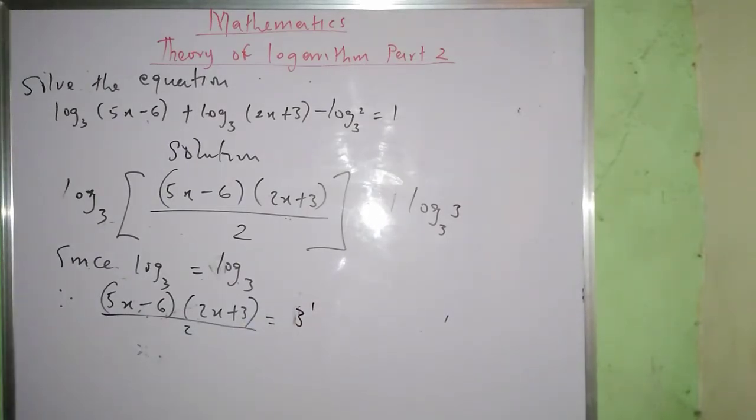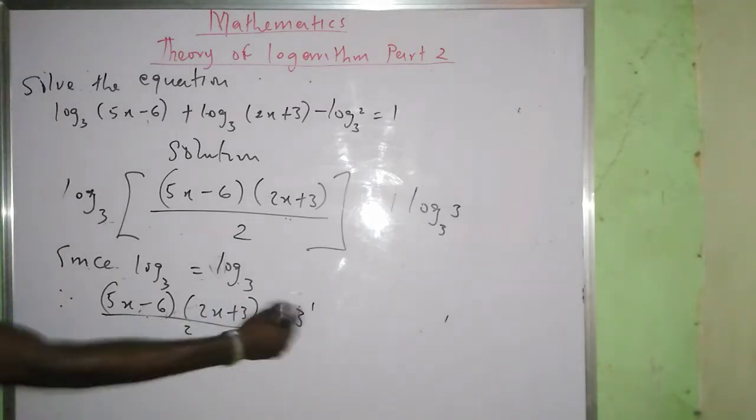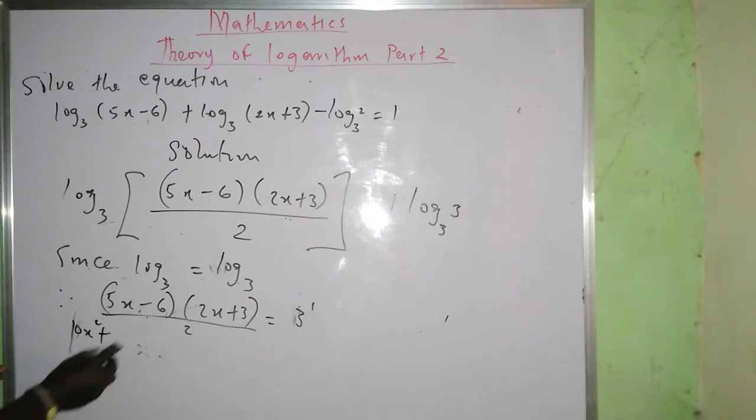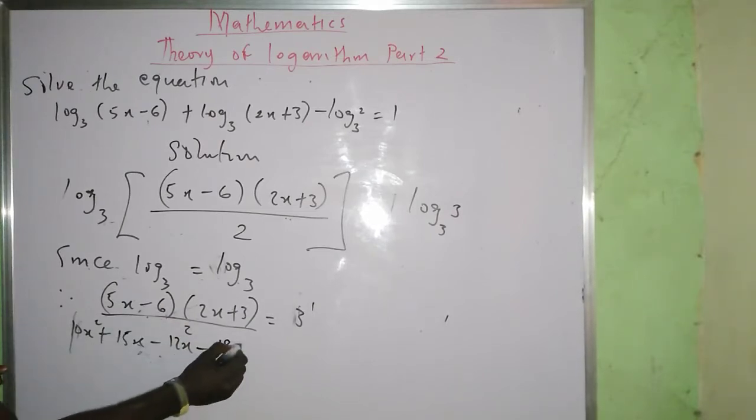Since I have that, I can move on by multiplying everything by 2. If I multiply 3 by 2, I will have 6. Open this bracket, I will have 5x times 2x, which is 10x squared, plus 15x minus 12x minus 18, equals 6.